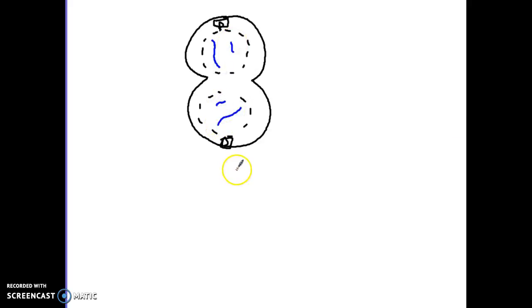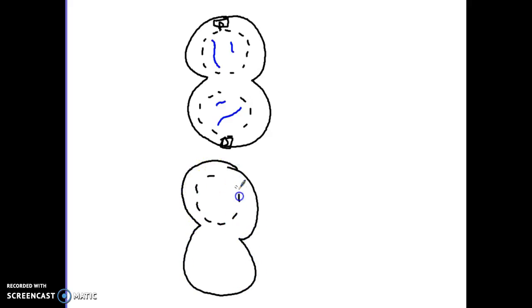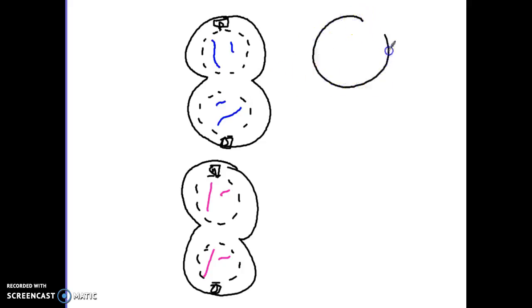And then the same thing was occurring with this: cleavage furrow present, nuclear membrane, centriole, but in this one, it was the combination of large and small of the pink variety. All right, so telophase 2 is somewhat happening once again at the same time cytokinesis is occurring. That's the whole cleavage furrow. So at this point, we'll show what happens at the end of this process. So cytokinesis has completely occurred.